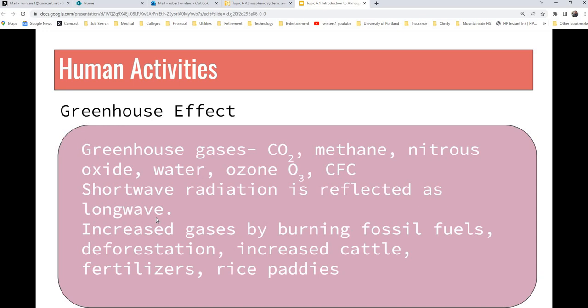Very clever. So that is the greenhouse gas effect. The greenhouse effect then traps infrared long wave radiation and keeps the planet warmer than it should be. Now, this explains why when we have increased gases by burning fossil fuels, we would have a warmer planet.